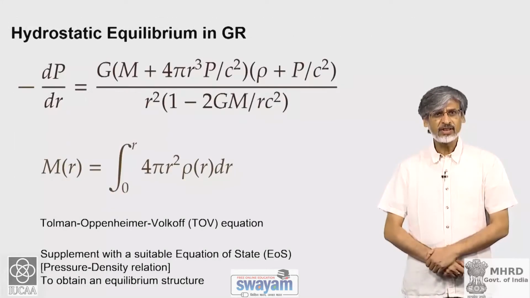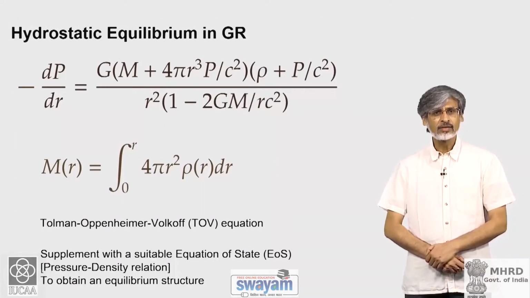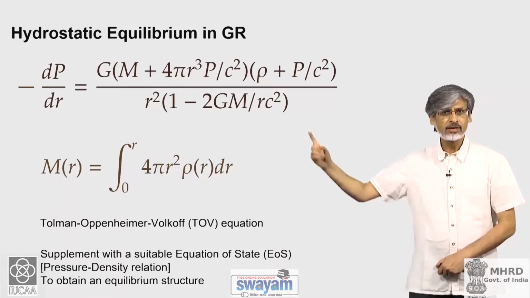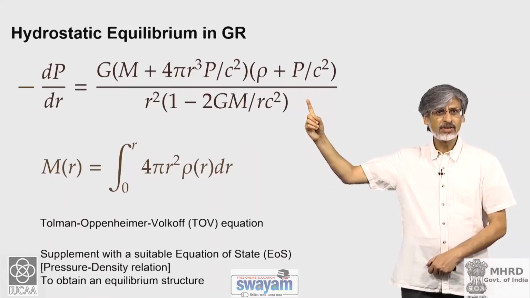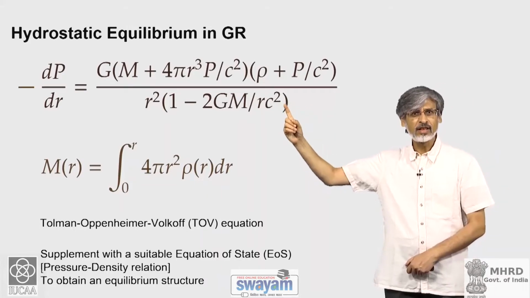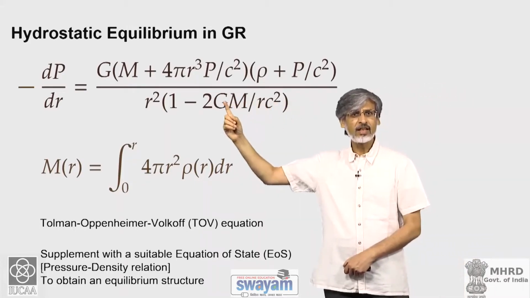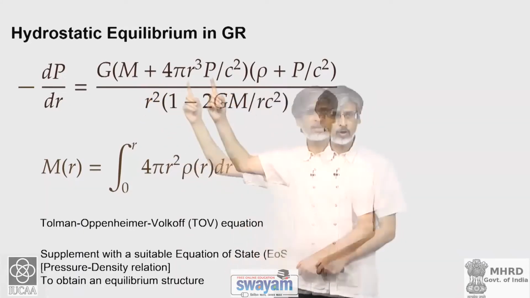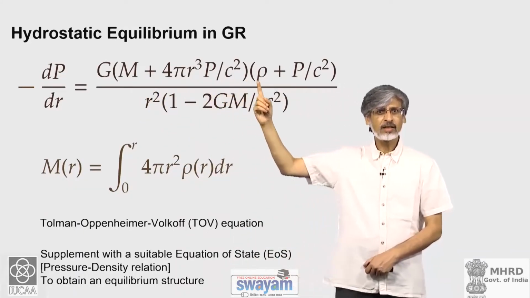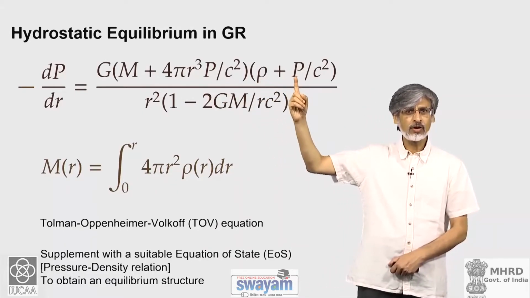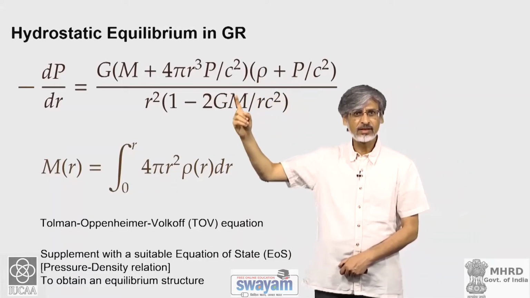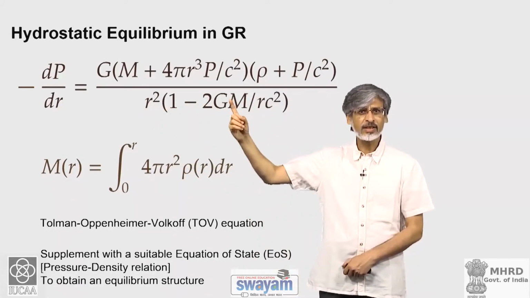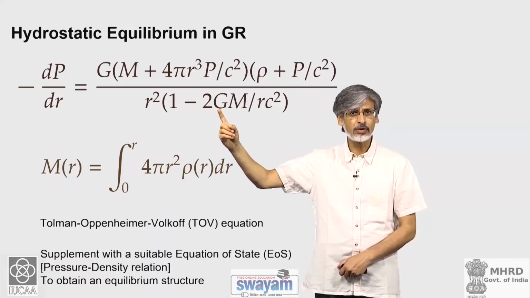In general relativity, the hydrostatic equilibrium equation that we need to use is given by this, where the pressure gradient on the left hand side is balanced by terms containing the mass plus a component of pressure. Density also is augmented by pressure, and the r square term now has a correction factor, which is this, 1 minus 2 G M by r c square.